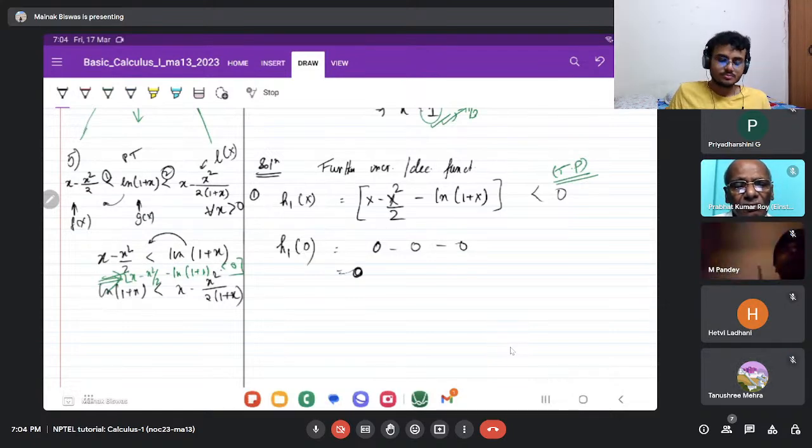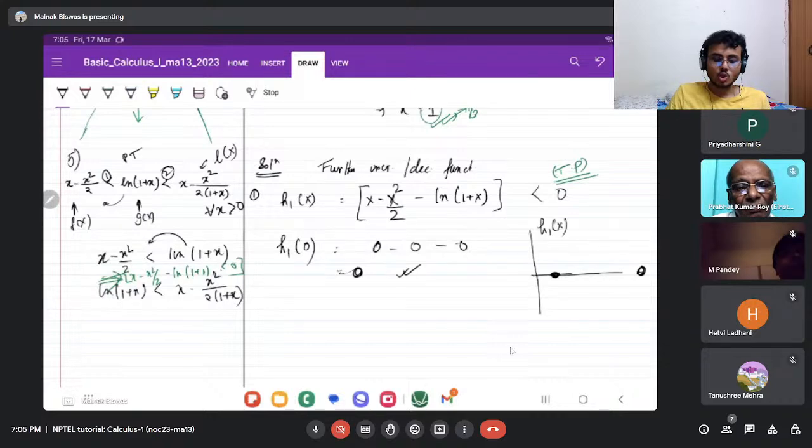Yes, sir. They all become 0, since log of 1 is 0. So it's 0. What does this mean? That means that h1 of x is 0 at 0. This is h1 of x, right?